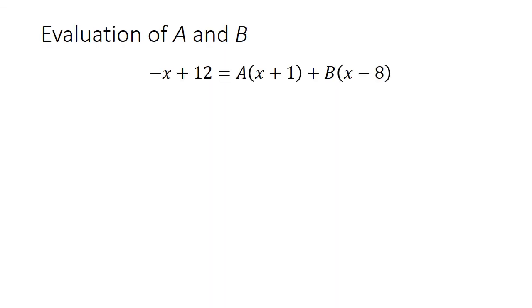The next step is to evaluate the arbitrary constants A and B. We achieve that by, first of all, evaluating A by substituting in x is equal to 8. If we put in plus 8, this factor here will go to 0, and B will be eliminated.